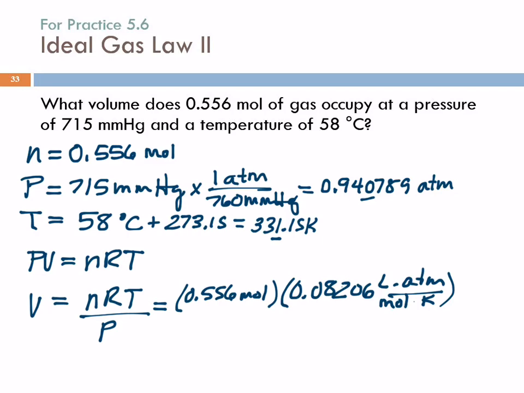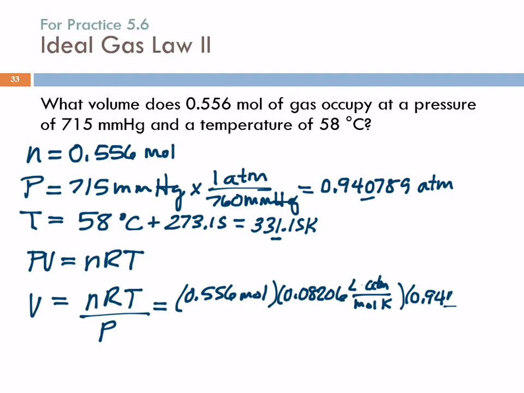I'm either writing too large or too small. I'm just going to start over down here. Just writing the same thing a little smaller. And so I have room to put the pressure in.